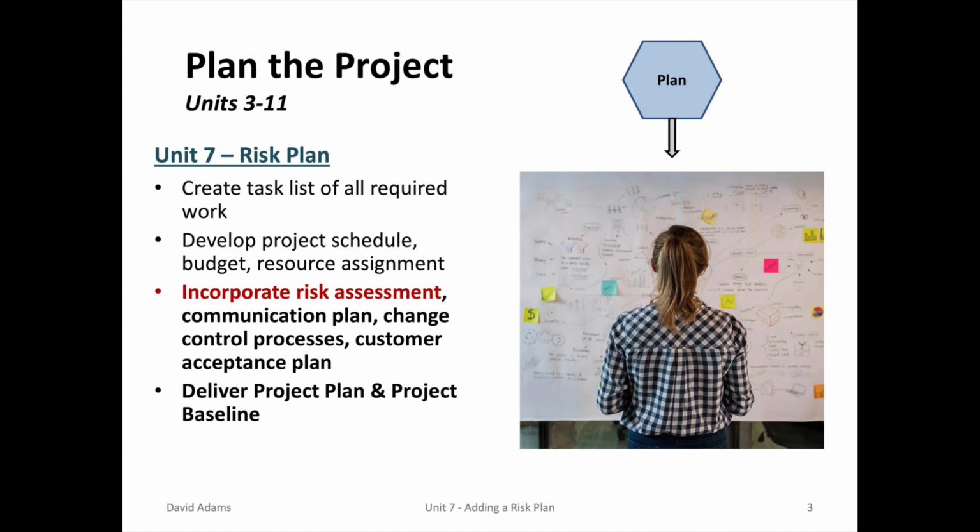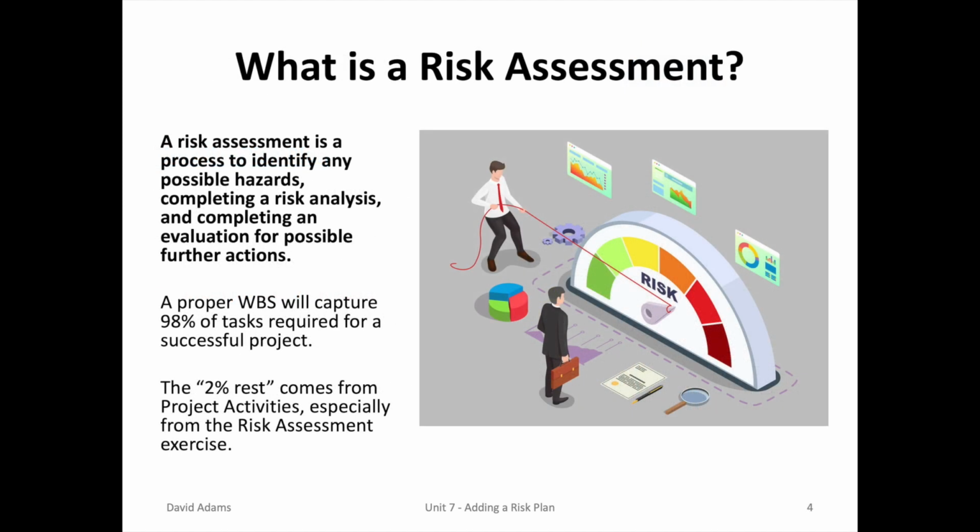In the plan the project phase, there are adding project activities which require looking at 5 different plans. With this lecture, we'll cover the risk plan. That is, how are we going to create a project risk assessment? So what is a risk assessment?